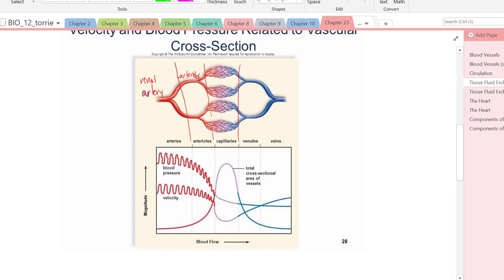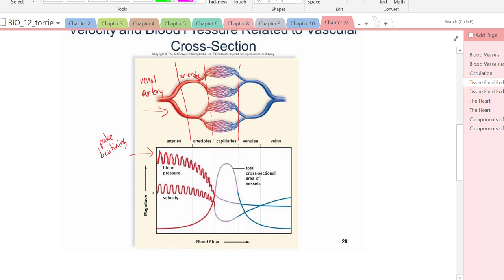Okay, so look at what's happening to blood pressure and blood velocity as it makes the transition from arteries to arterioles to capillaries. So the up and down, right, is essentially your pulse and your heart rate, right? Beating heart. So we get an increased pressure when the hearts contract, right?